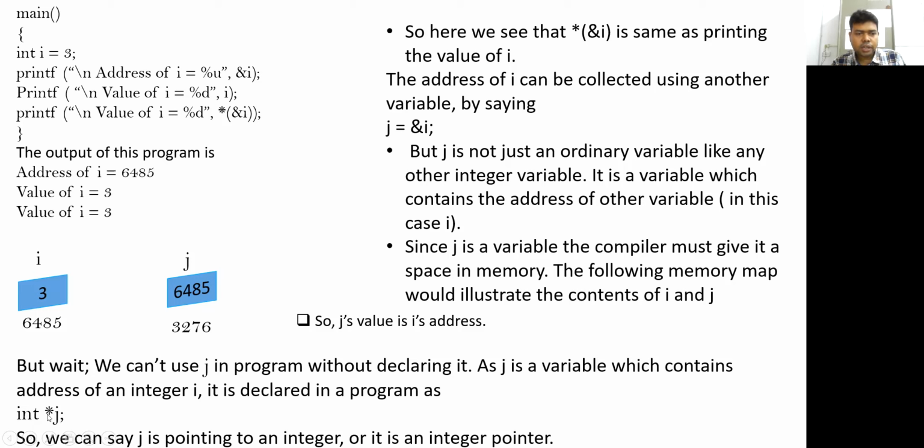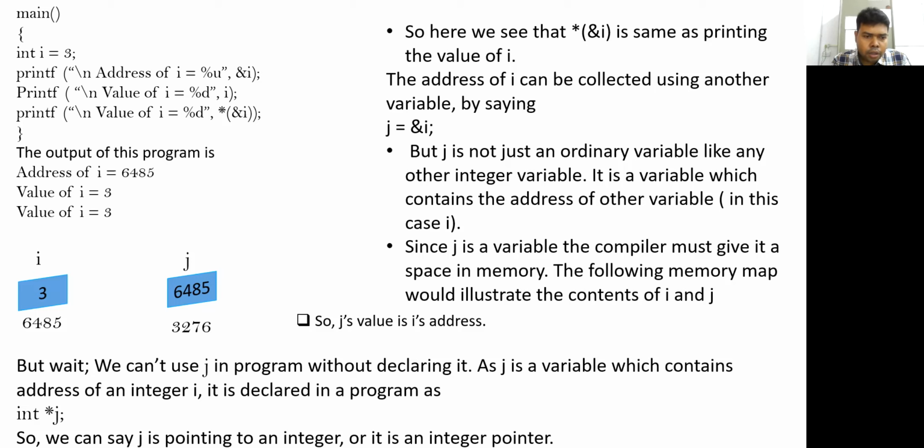If we just write int j, what does it mean? It means that j is an integer, a simple integer. But when we write int asterisk j, it shows that j is an address, and it is an address which is actually storing some integer.